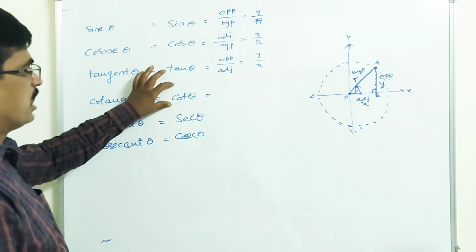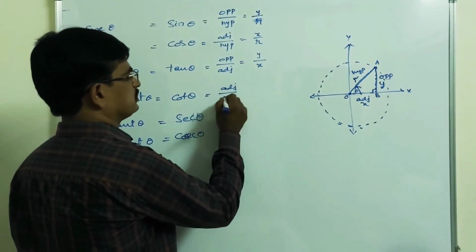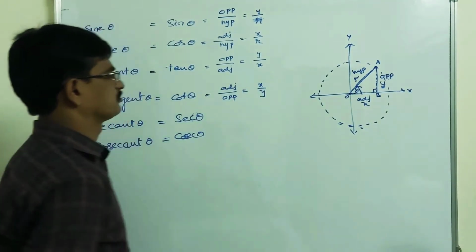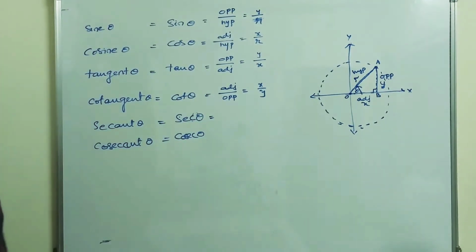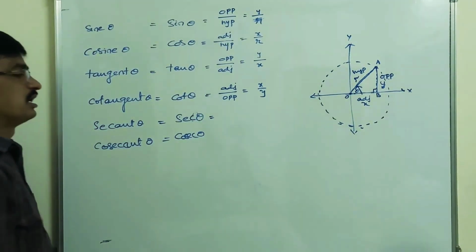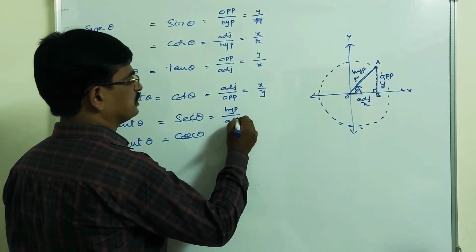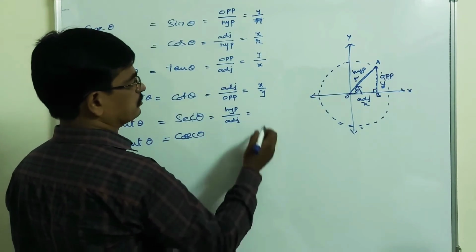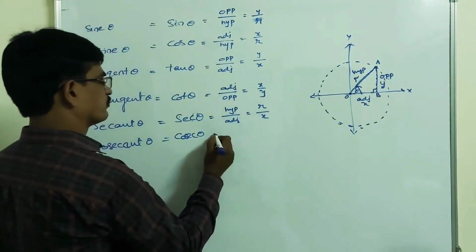And cot theta is defined as the ratio between the adjacent side and the opposite side, that is x by y. And secant theta is defined as the ratio between hypotenuse and adjacent side, that is from the diagram, hypotenuse is r, adjacent side is x, so r by x.